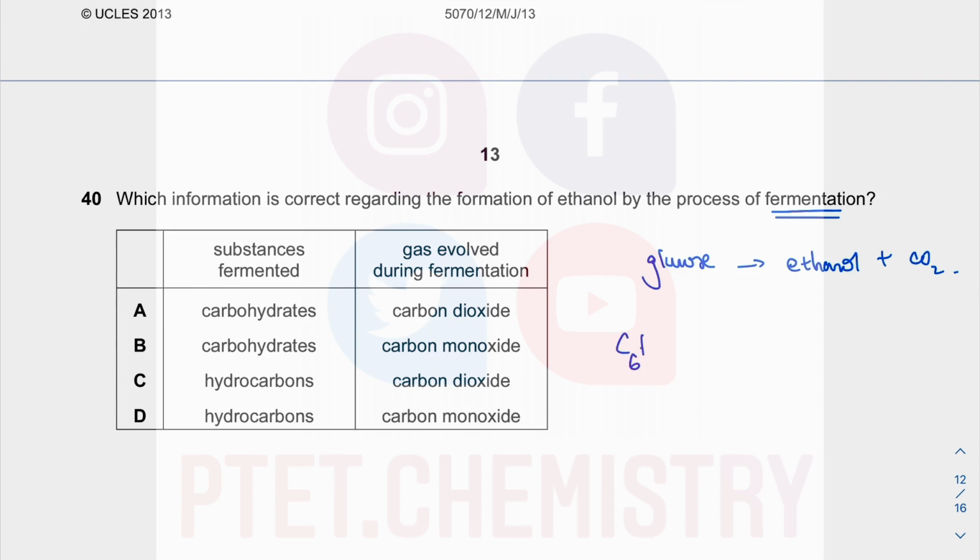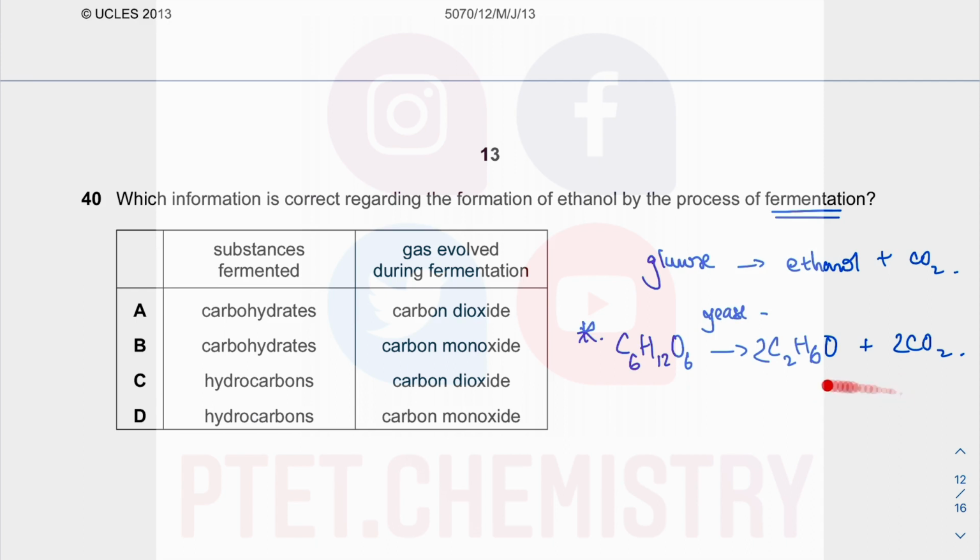If I write the proper formula, C6H12O6 gives C2H5OH plus CO2. 2 and 2, 4 carbon, 6 carbon. H12, O2, O4 give you O6, alright? So that is the equation.